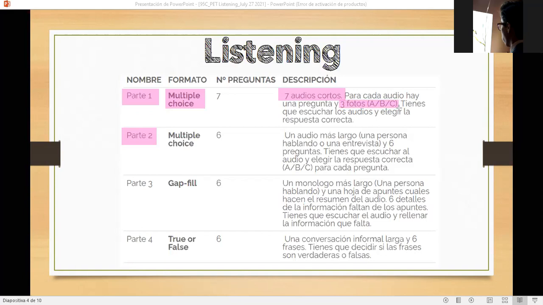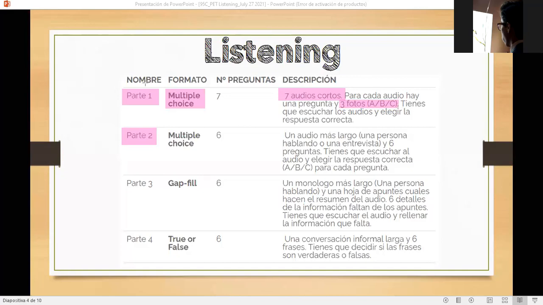You're going to say, no, that's easy. That's very simple. It's not so simple, guys, because all the answers are going to be in the conversation. So you're going to listen to the 3 options you have, and you may be a little bit confused, okay? So we're going to make some examples. Don't worry about that.